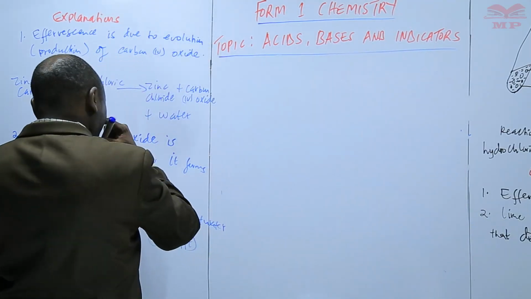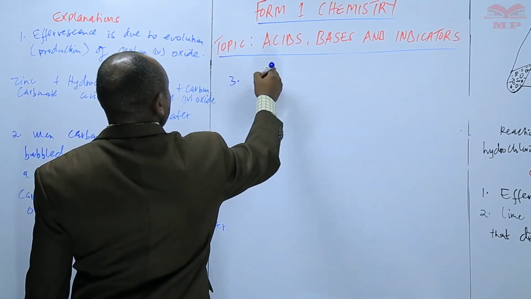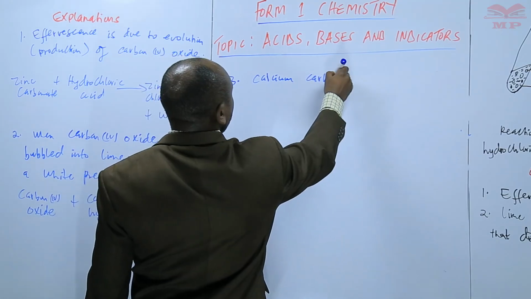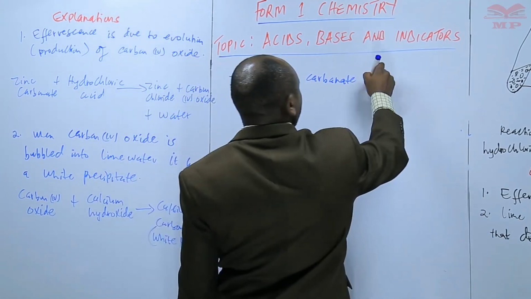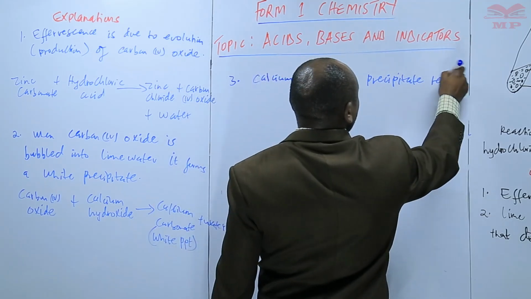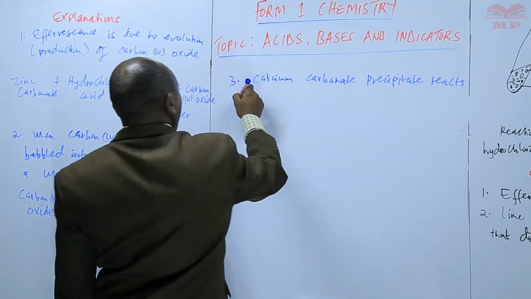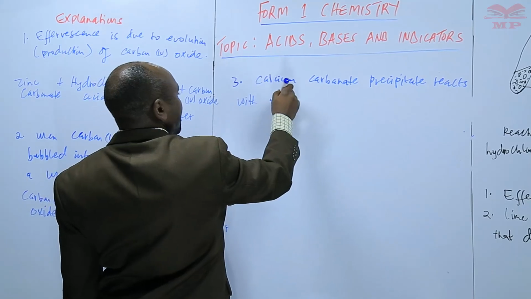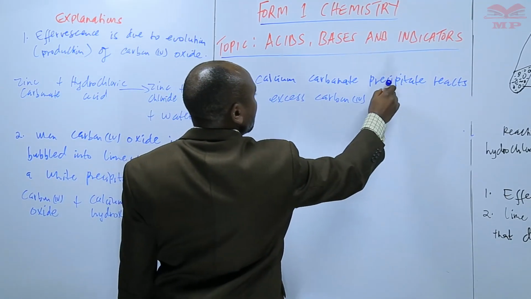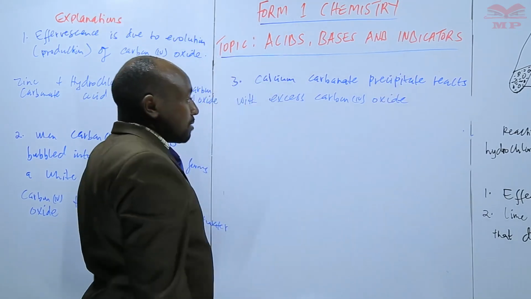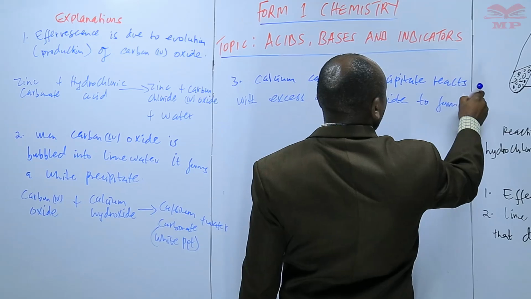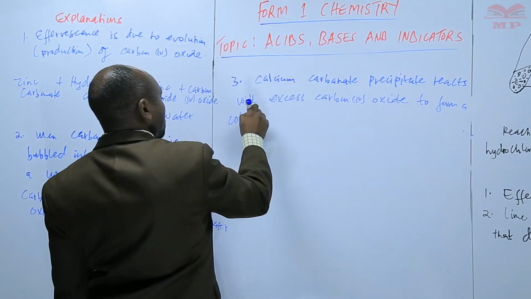Why does it dissolve? Number 3, calcium carbonate precipitate reacts with excess carbon 4 oxide to form a colorless solution.